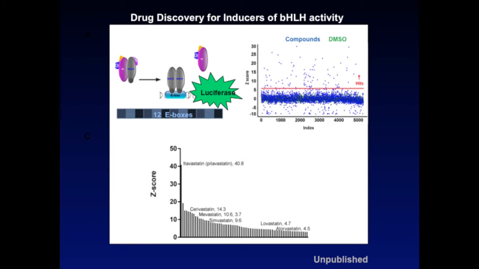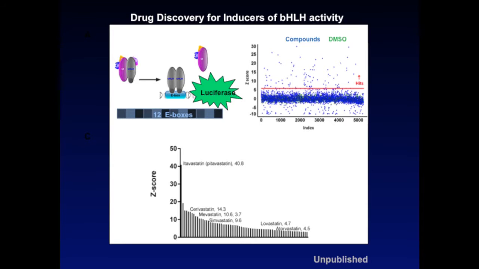And we ran a screen of known drugs, 5,700 from a total of 5 libraries. And here, if we're very stringent, these would be the hits above 6 standard deviations from the mean.